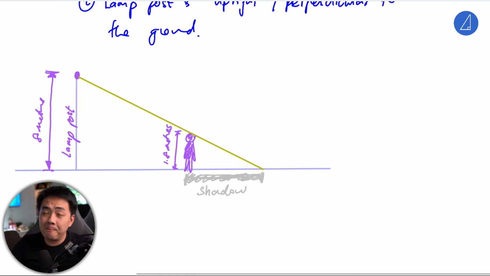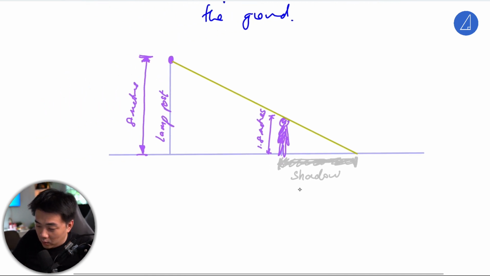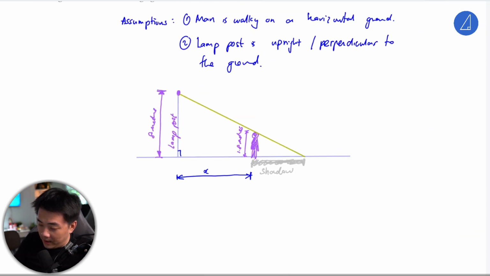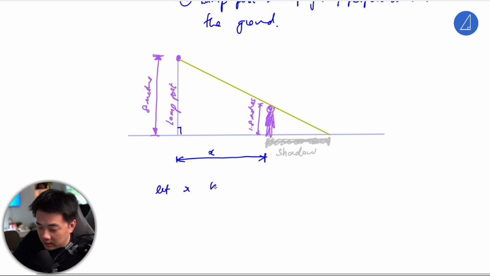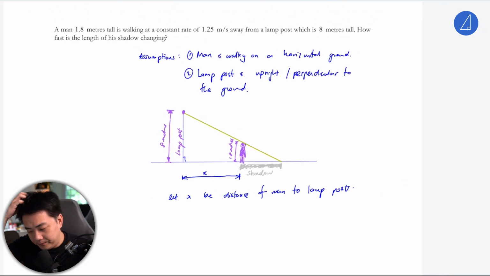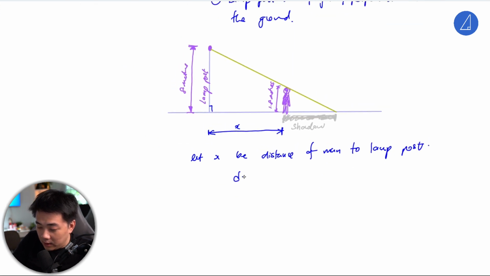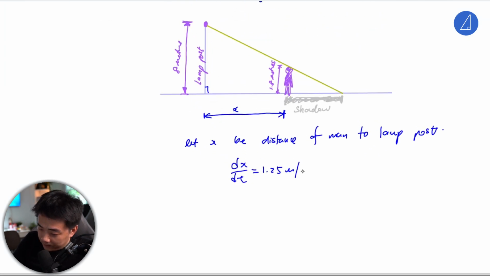The question now is, if he walks away, so the walking away part is here. This is x, which is increasing at this rate. Let x be the distance of the man to the lamppost. dx/dt is increasing at this rate, 1.25 meters per second.